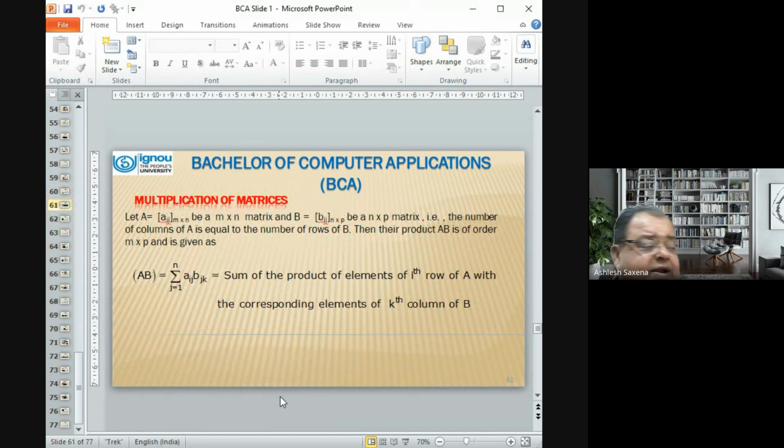Multiplication of matrices. This is somewhat confusing. Many of you are going to make a mistake or have been making mistakes, but right now I don't want you to make any mistake in future if it is related to multiplication of matrices.